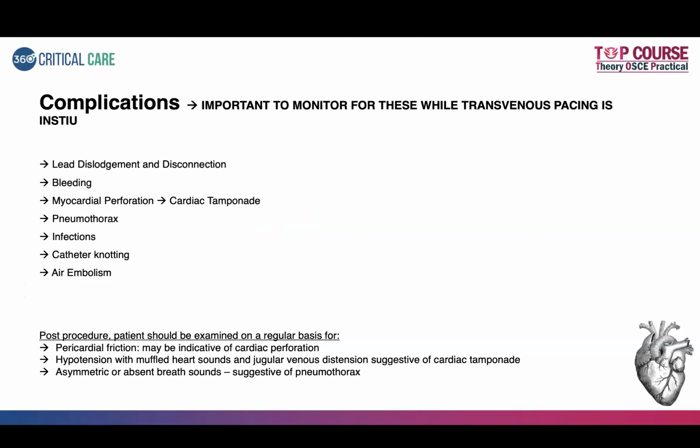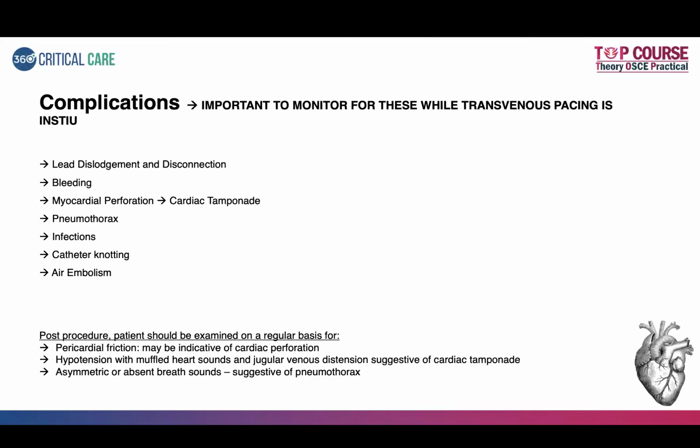There can be bleeding, myocardial perforation leading to cardiac tamponade, though nowadays it is very rare because balloon tip catheters are used, so the injury rates are very low. There can be catheter insertion related complications like pneumothorax. Risk of infection is there, especially if it is kept more than 1 week. Catheter knotting and air embolism can be there. So these are the potential complications that need to be kept in mind.